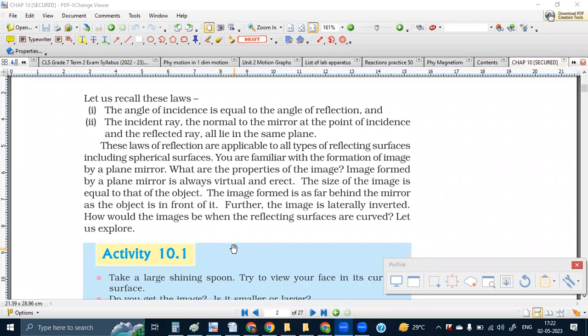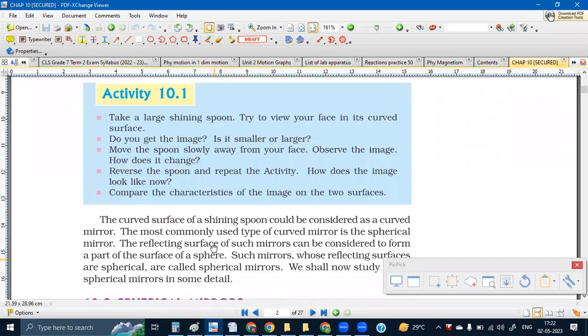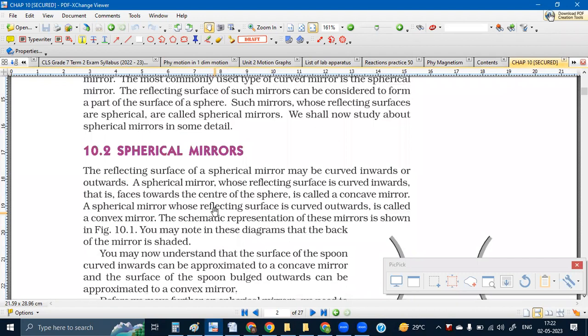So we have written laws of reflection and characteristics of image that is formed by a plane mirror.